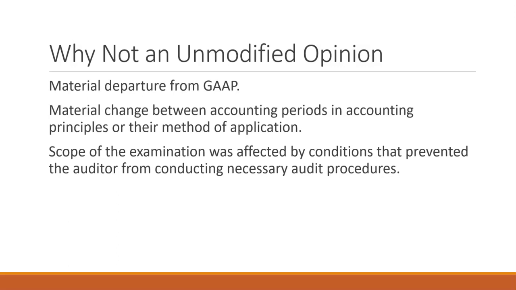So it's not that accounting principles or methods of application can't be changed. It's that when entities make that change, it needs to be disclosed and explained. Or there were conditions that limited the scope of the examination. Evidence wasn't forthcoming. They couldn't get access to everything they needed in order to make that unmodified opinion.